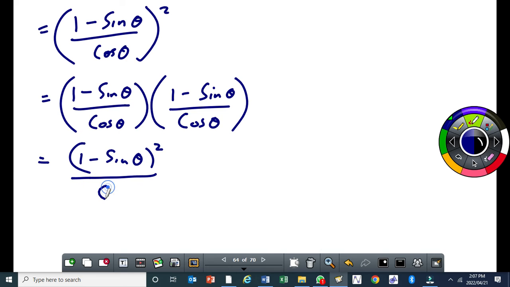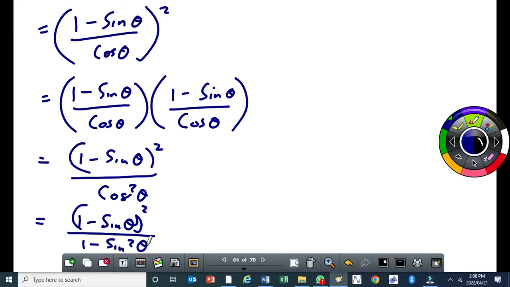This will be over cos squared theta. So all I've done is just multiply the denominators. I know that this cos squared theta is equal to 1 minus sine squared theta. So I can then write this as 1 minus sine theta squared all over 1 minus sine squared theta.